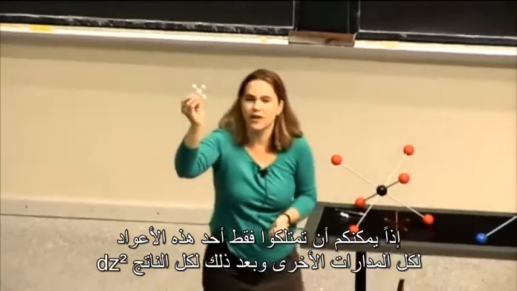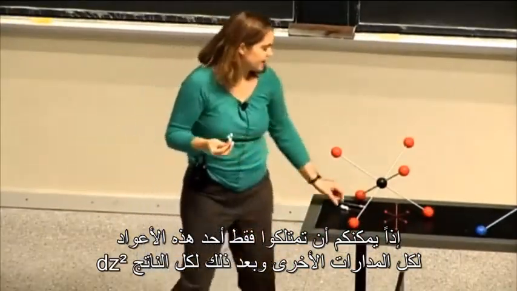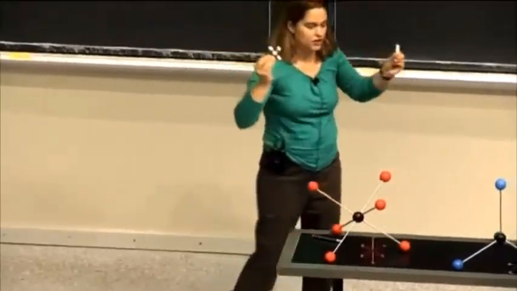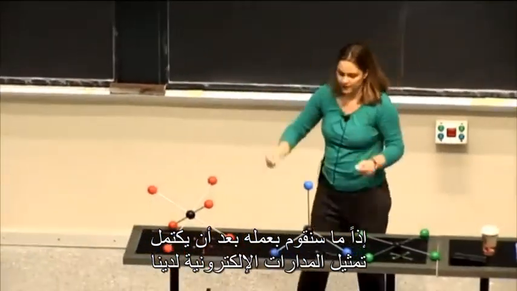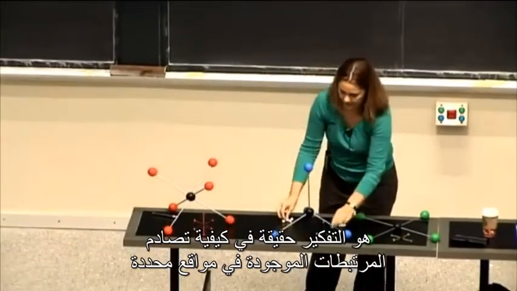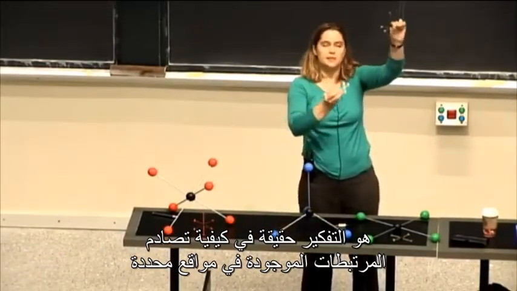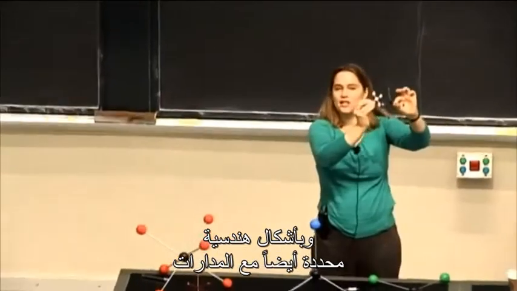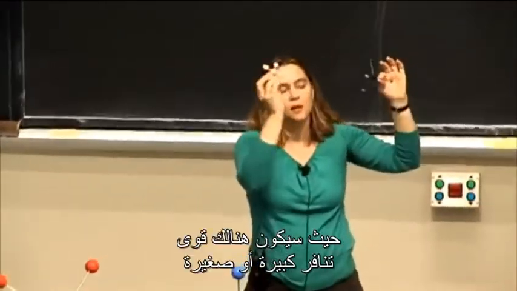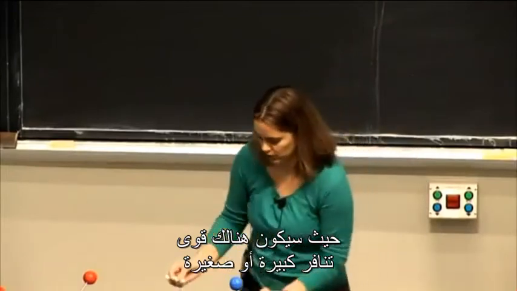So you can just have one of these for all the others, and then your dz squared. When we have our orbitals set up, we can think about how ligands in particular positions in particular geometries would clash with our orbitals, where there'd be big repulsions or small repulsions.